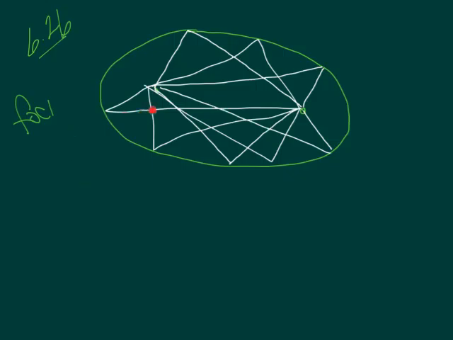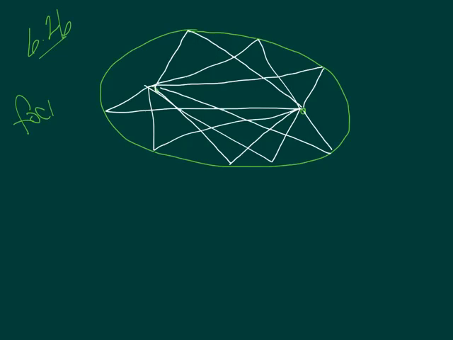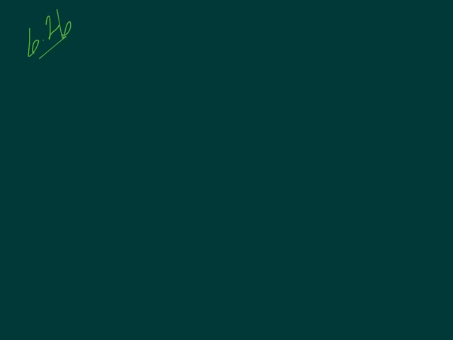Just to help, this foci right here, we have 2 of them in every ellipse. If we're just talking about one, it's just called a focus point. Alright, so I'll draw a new ellipse. We've got an XY axis here.